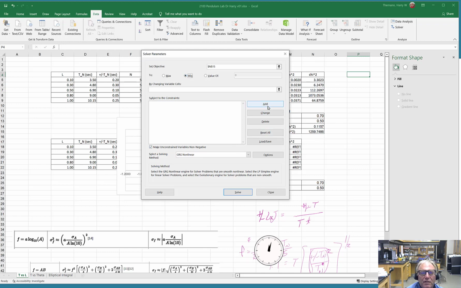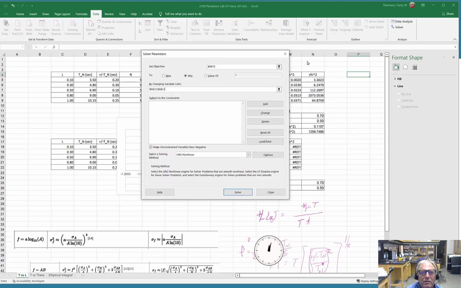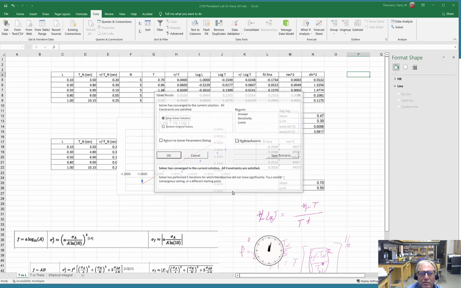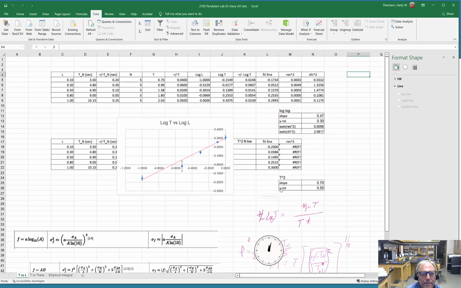Min by changing the slope and the y-intercept. Whoops. There we go. And make sure that they can go negative. Let's just check. And there you go. Now, it didn't quite pick up that error bar, but it does show you that the point with the large error bar is not that close to the fit.